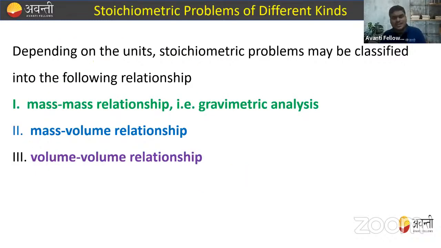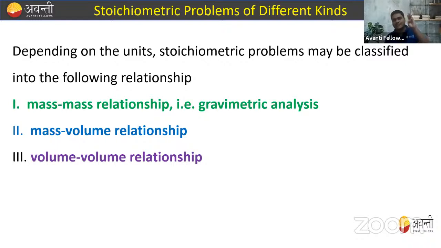Now, basically, while solving stoichiometric problems of different kinds, depending on the units, stoichiometric problems may be classified into the following relationships.